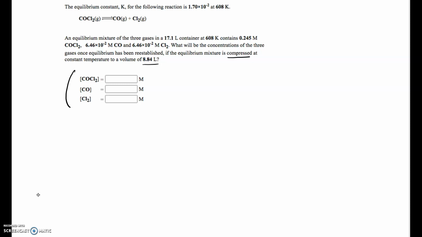We have our existing concentrations at the 17.1 liters. We need to know what the new initial concentrations are to put into our ice table. So I'm going to scaffold up our ice table here, and then we'll show you how to calculate those new concentrations.